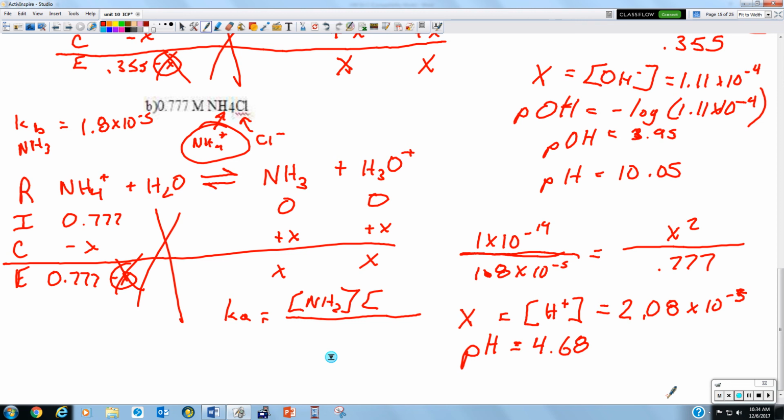Negative log 2.08. Let me see what happens there. Yeah, I still get 4.68.